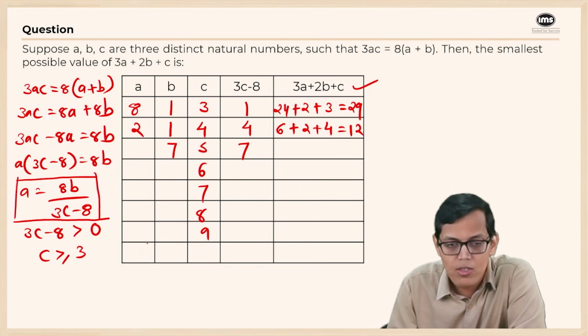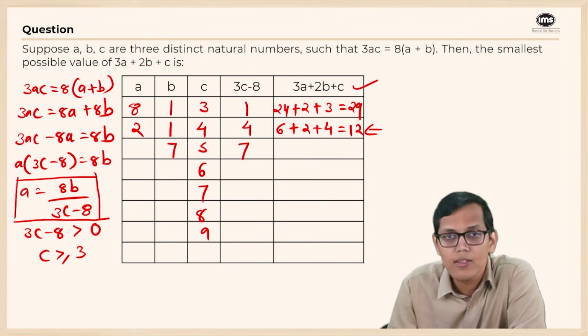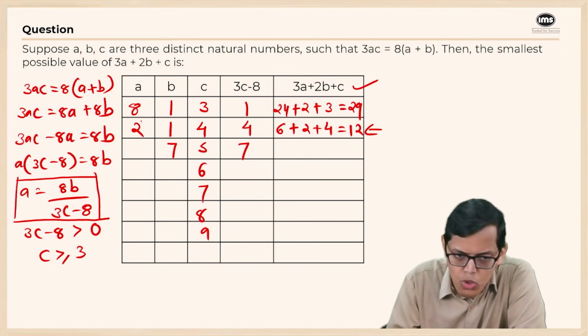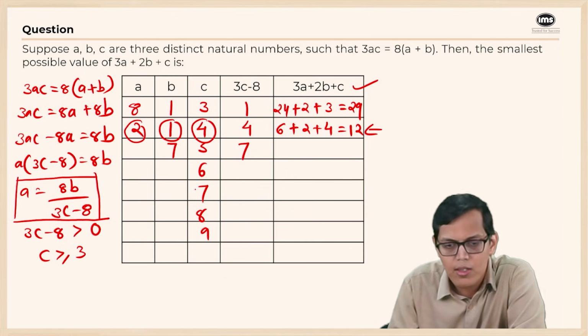Now these are large values. Just see the benchmark that has been set. We have already got a 12, a fairly small number, with A's value 2, 1 as the value of B, and 4 as the value of C. We can't possibly get a smaller value through values as high as 7 and 5. So let's stop the discussion there.